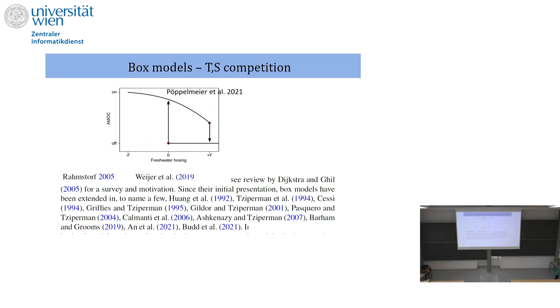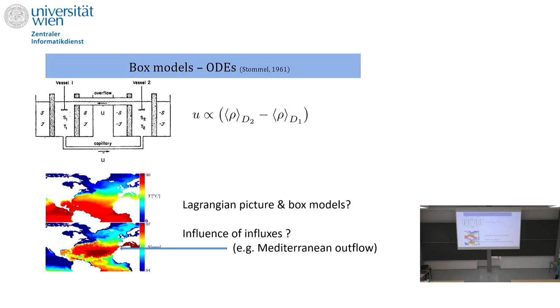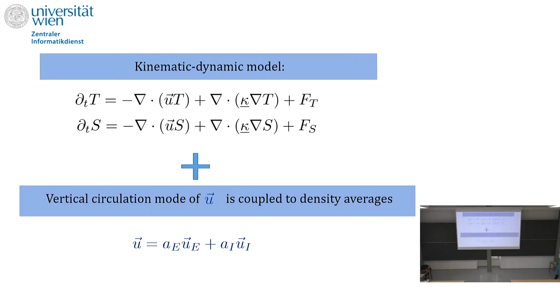Okay, so these are the box models, but as we said, it is difficult to see how to relate these box models, which have no spatial structure, to the Lagrangian picture, in which we have spatially dependent fields. And our idea was the following: let us go back to our temperature-salinity equations and look at the velocity field.